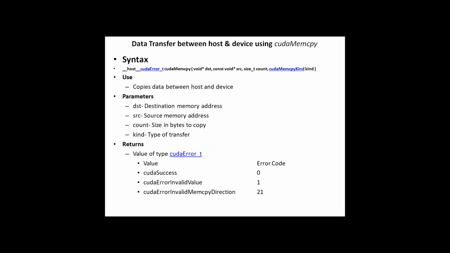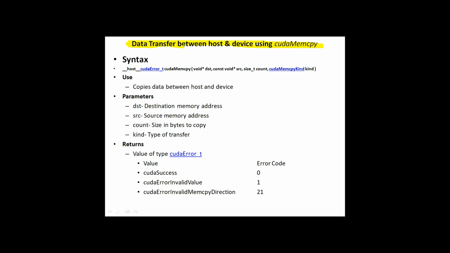Now we come to the CUDA API functions. These are the device functions. CUDA API functions for data transfer between host and device use cudaMemcpy. This is the CUDA API function to transfer data from host to device or device to host. It is bidirectional.